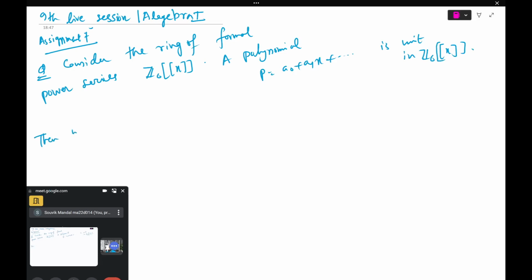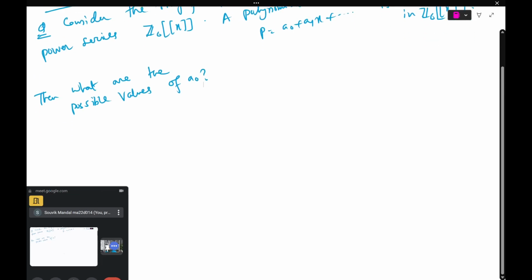So the question is, what are the possible values of a0? Okay, this is the question. How to solve it?